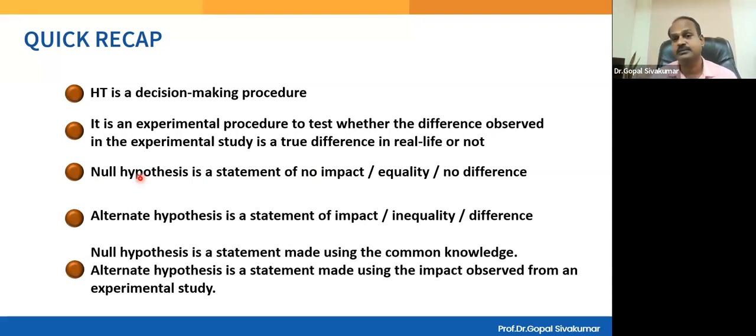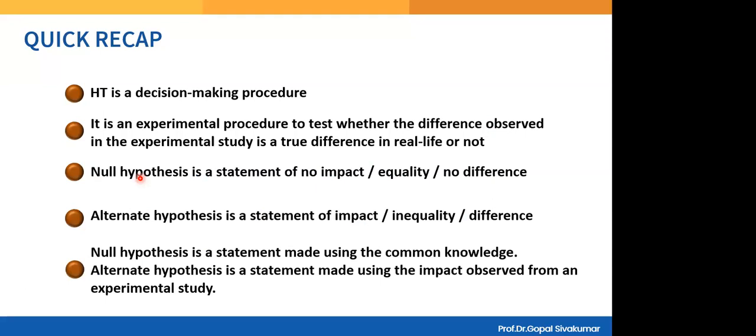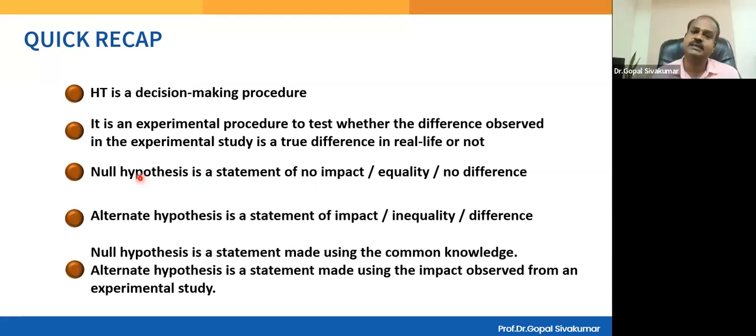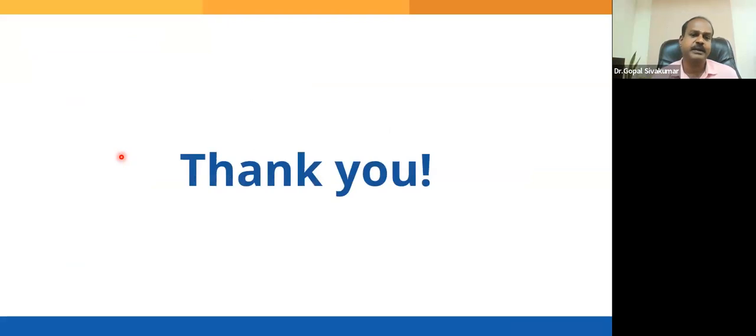If a statement conveys an impact, then it should be an alternate. If it doesn't convey an impact, then it is null. If there is an impact, the factor should be the root cause, critical. Only critical factors will have a significant impact.